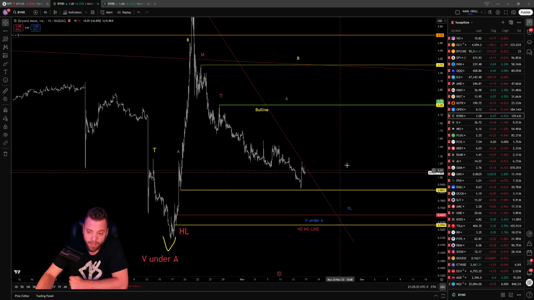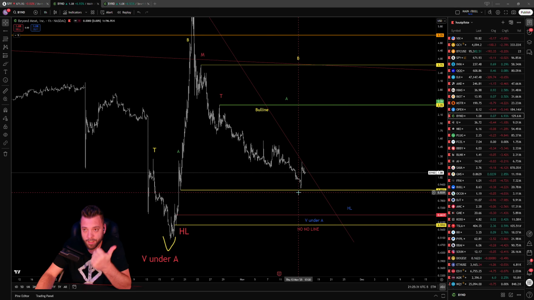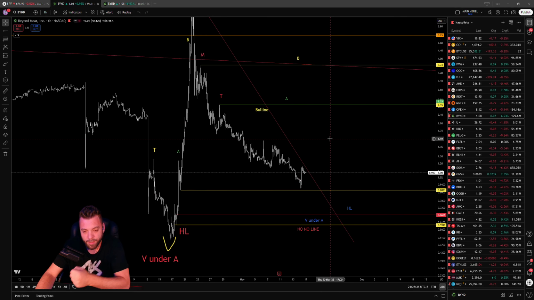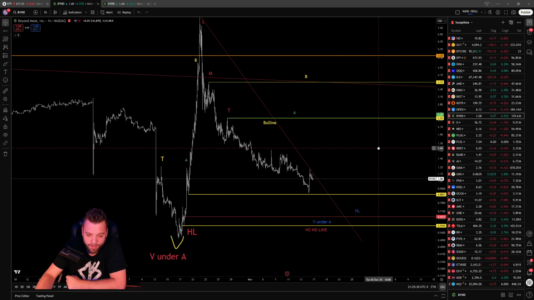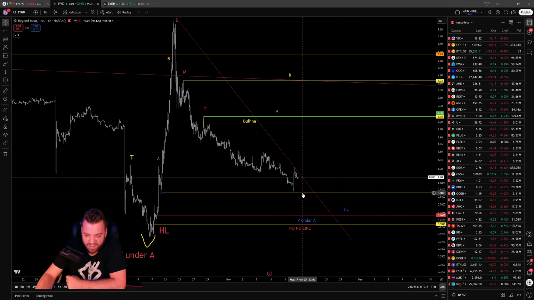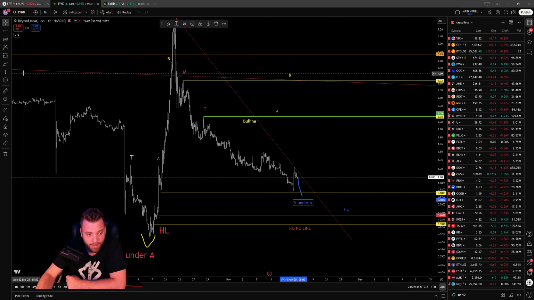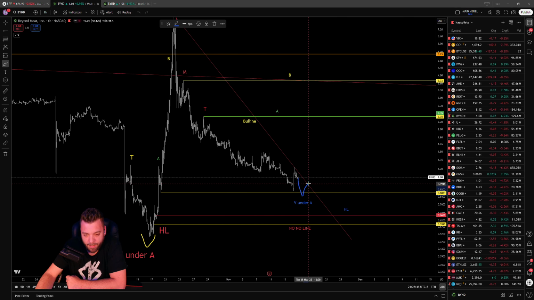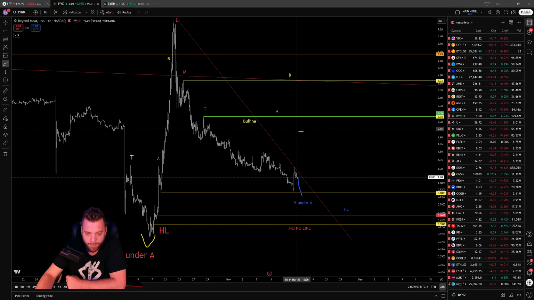On the V under A, same as Bitcoin, you want to go lower. Even if it's only 1 cent, there is no touching double bottom or something. V under A is always under. So I would still expect at least 87 cents for the V under A. At least, then high low, and then you're ready.